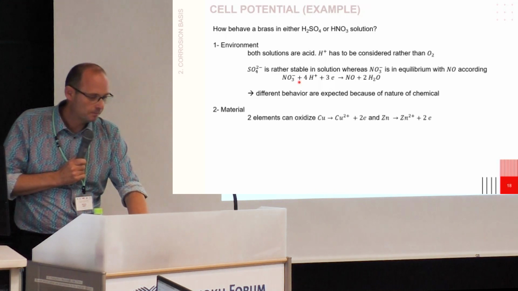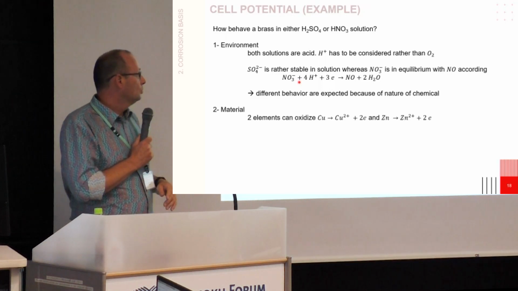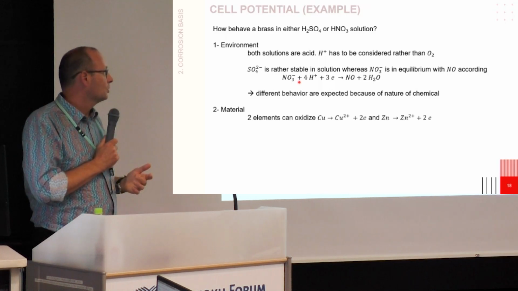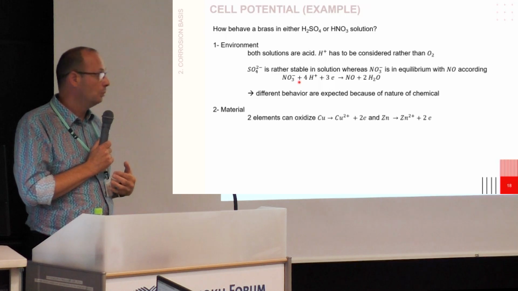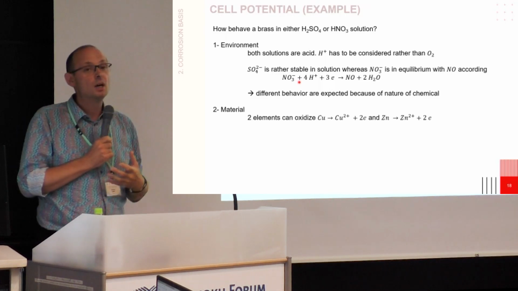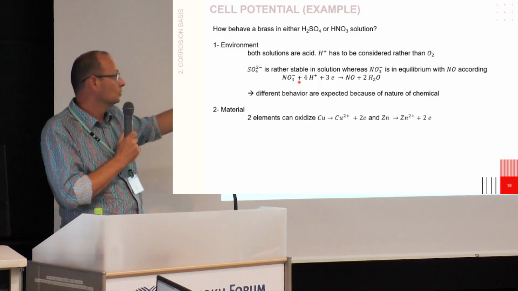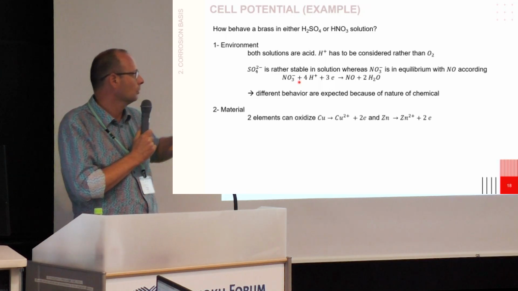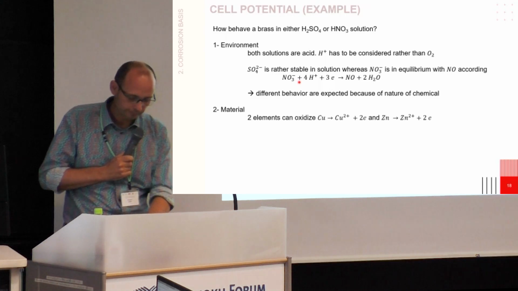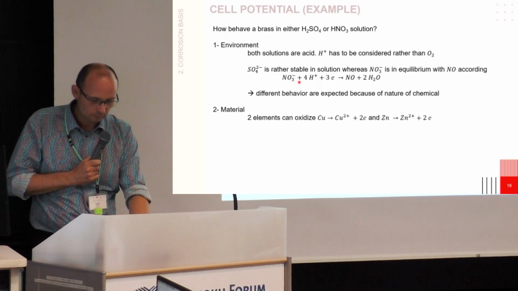Let's see what's up. Now we have two elements in a brass. Just because brass is a mixture of zinc and copper, that means that it could have two reactions. The first one could be the reaction of electrodissolution of copper. The second, the reaction of zinc. Okay.